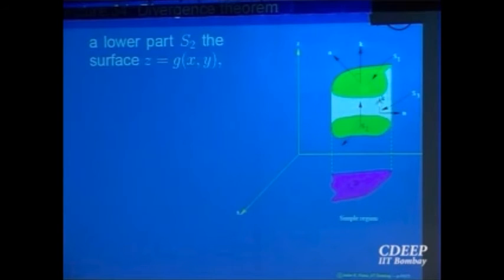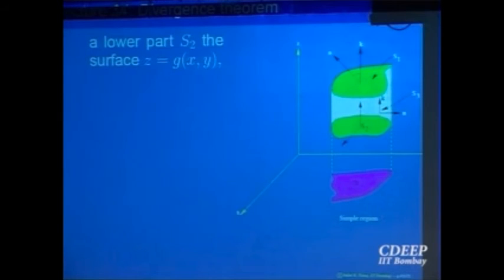Here the angle will be obtuse, so a negative sign will come, since the outward normal makes an obtuse angle with the z-axis. So when you want to compute cos alpha, a negative sign has to be put in front of the double integral. Here it is acute, so no problem comes.